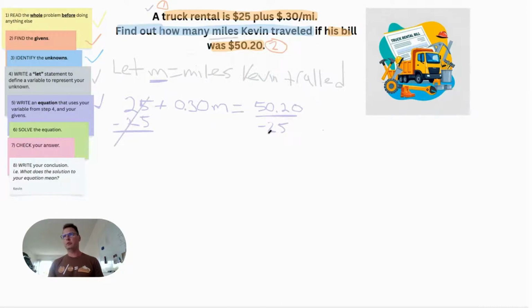But what we do to one side, we have to do to the other. Oops, let's not do that because that looks like a divided by, which is confusing. Let's put the line down here like a subtraction problem, and to be even better, let's line up our decimals correctly. So this is really 25.00, right?